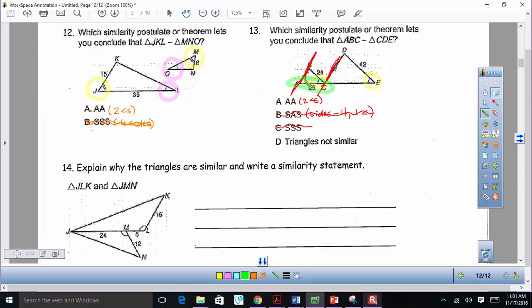Again, I cannot do alternate interior because one would be inside, one would be outside, but can anybody tell me, and I know it's been a while since you've done this, if I marked an angle here and an angle here, what relationship? Very good. They're corresponding. And what are corresponding angles? Equal. They're equal or congruent. So does that give me my second angle? Yes. Very good.